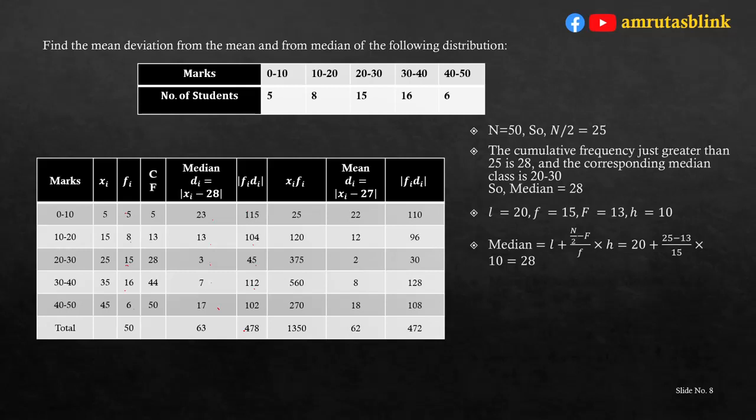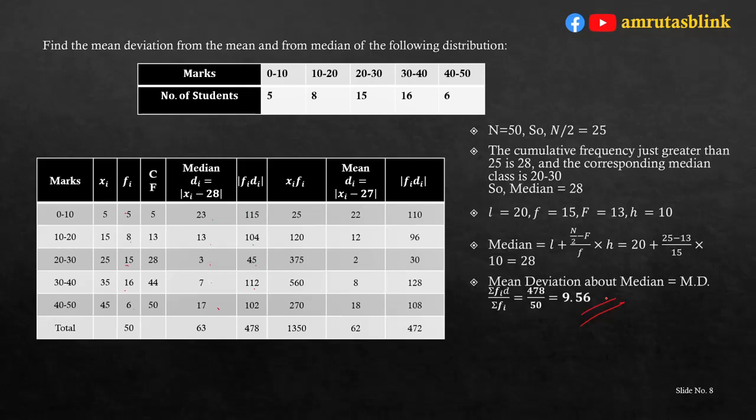Then the total of this column, summation fi di, is equal to 478, and hence mean deviation about the median is equal to summation fi di upon summation fi, that is 478 divided by 50 is equal to 9.56.